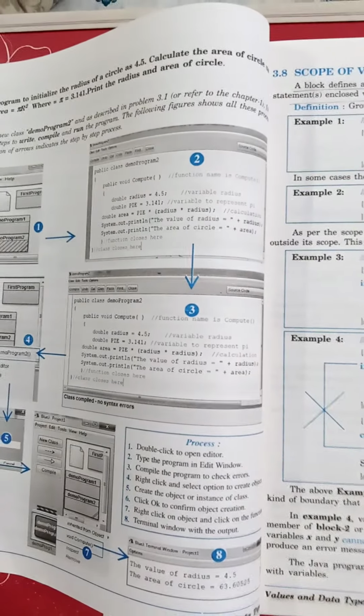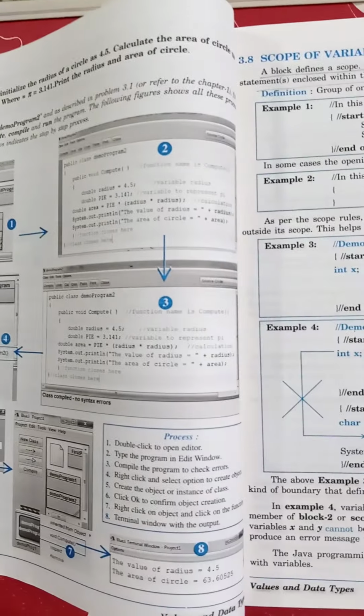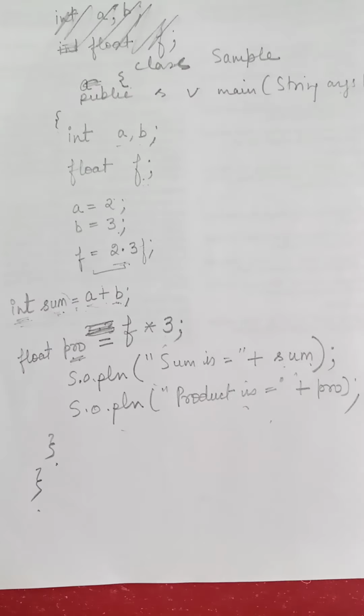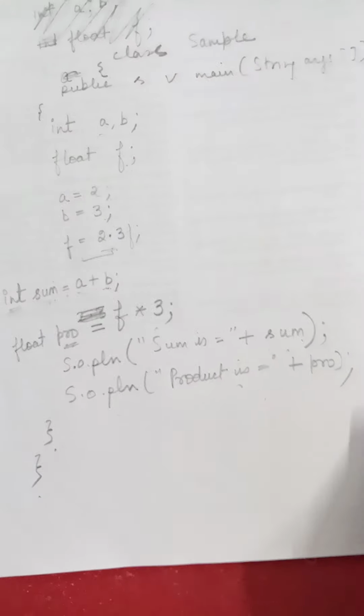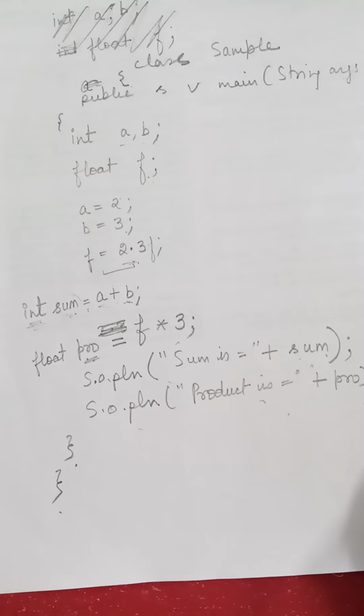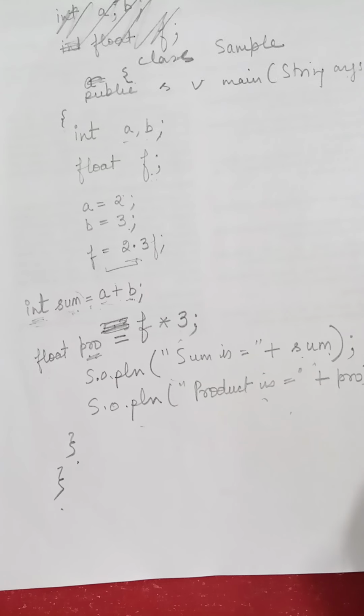So this is basically the demo. You have done this in your practical session, so we don't need to do all this. You will be directly executing this program on your computer. You know how to write, where to write, and how to execute. Fine.